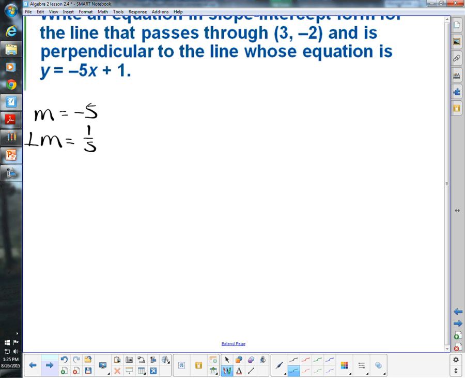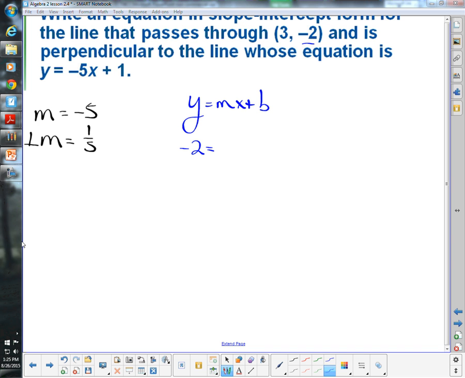Now, I've got the slope. I've got a point. I'm ready to write the equation. Well, I need to find b. I'm just going to use the fraction shortcut and make life easy for us all. Remember, use y equals mx plus b. I've got my y. It's a -2. I've got my m. It's a 1/5. I've got my x.